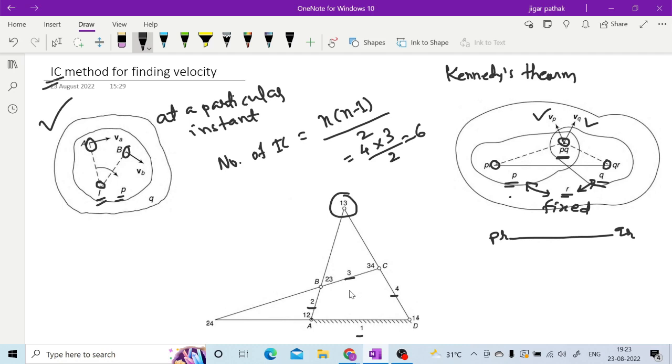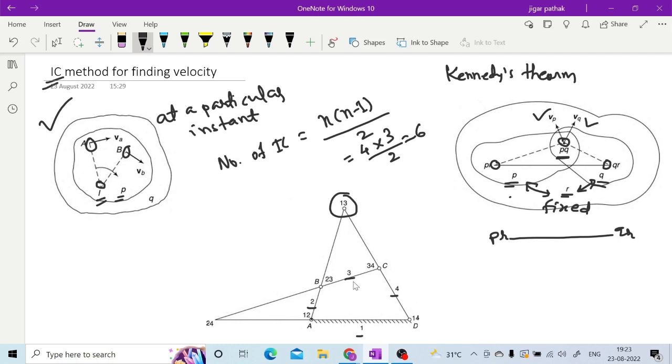Now to get the instantaneous center 1 3, assume you have link 1 and link 3, and you are adding link 2. Link 1 has the instantaneous center 1 2 with link 2, and link 3 has instantaneous center 2 3 with link 2. So the instantaneous center 1 3 must lie on the straight line joining 1 2 and 2 3, which is why you have this extended straight line.